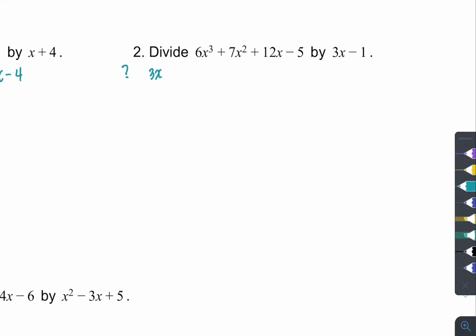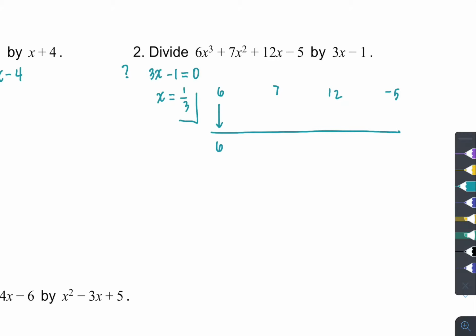All right, so for this one, we're going to set 3x minus 1 equal to 0 and solve, so we get x equals 1/3. I don't have any missing terms, so I'm going to do 1/3 in the corner, and then I've got 6, 7, 12, and negative 5. I'm going to space these out more. All right, this number drops down.